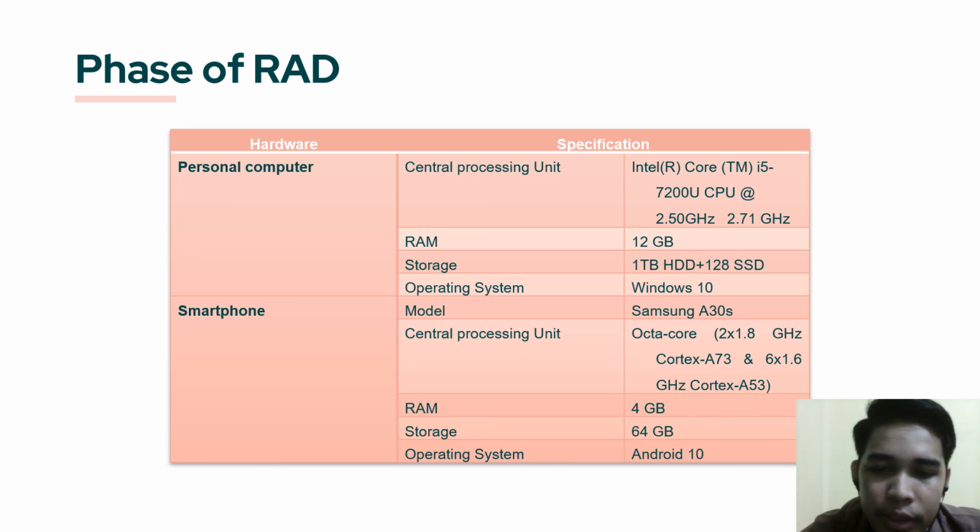The storage in this smartphone is 64 GB, and the operating system is Android 10, and I think it is suitable for me to build this application with Android 10.